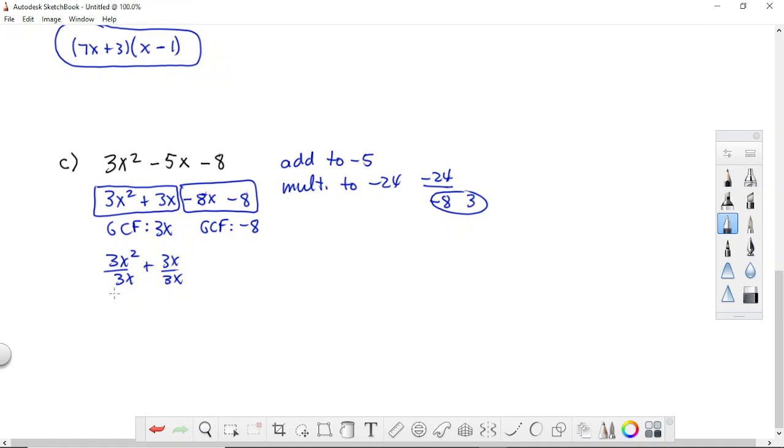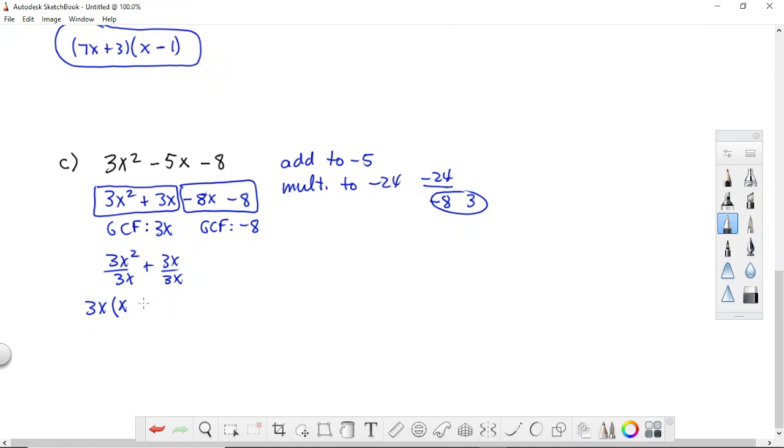And let's go ahead and do that. Taking out the 3x, we get everything cancels here except for x, right? 3x squared divided by 3x is x.